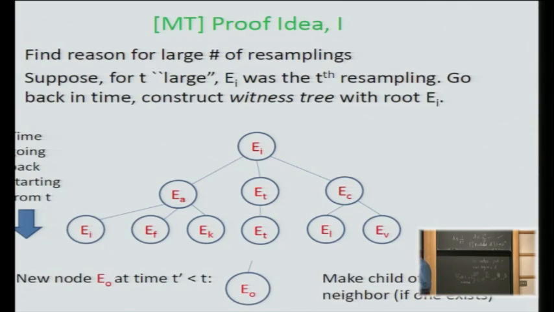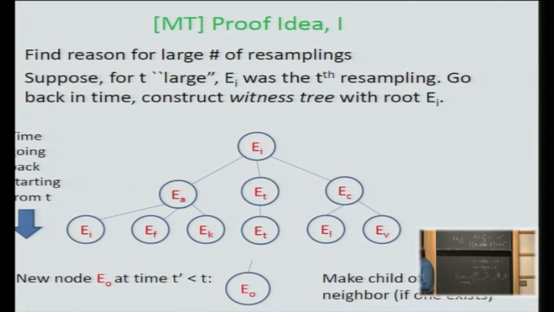To go back to Avi's question, this basically says that, for example, these three children of ei have to satisfy the condition that ea, et, and ec are all neighbors of ei in the dependency graph. In other words, ea shares some variables with ei, et shares some variables with ei, and ec also does, right? So this edge suggests, not necessarily with complete certainty, that in resampling for ea, you resample some variables which also impact ei.